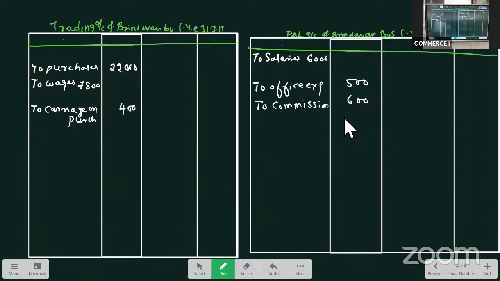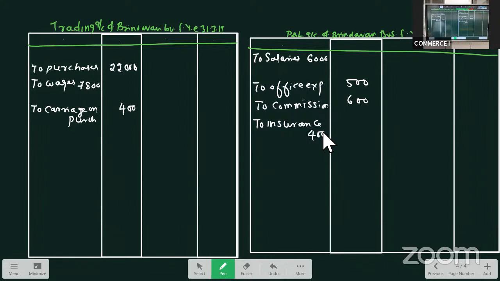It will go to balance sheet. Machinery, asset. It will go to balance sheet. Insurance, 400. That we have to take in P&L. But there is an adjustment on that, so I will write the amount in the inner column. Then bank balance, asset. Bills receivable, asset. Cash, again an asset.